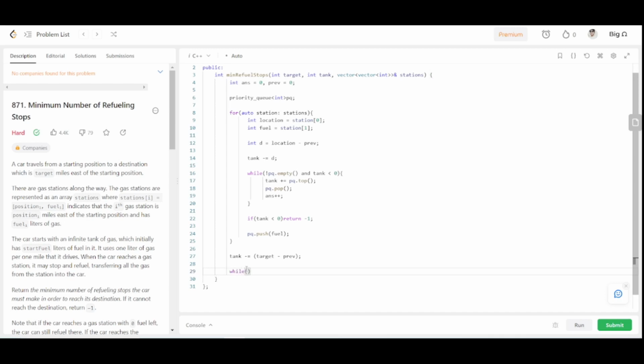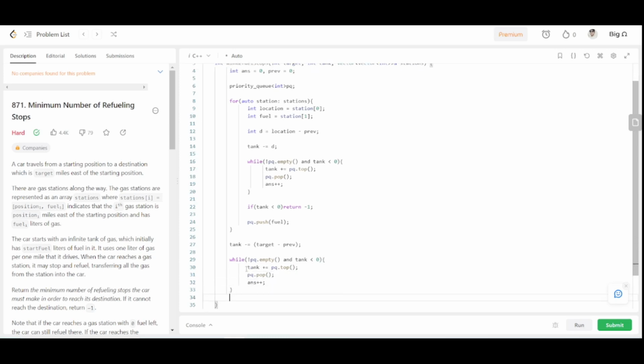So while the priority queue is not empty and the tank is negative, keep refilling the tank at one of the intermediate gas stations, keep popping out the element and counting the number of gas stations where I had stopped.